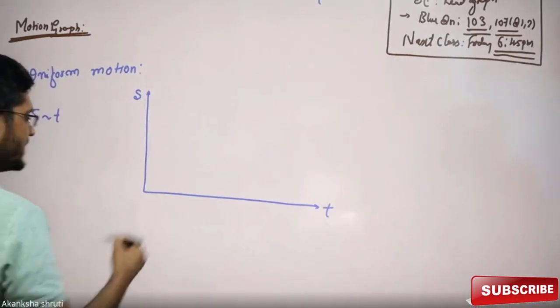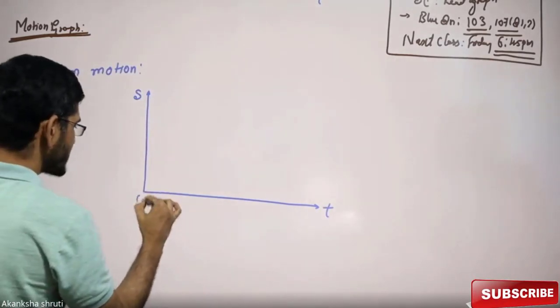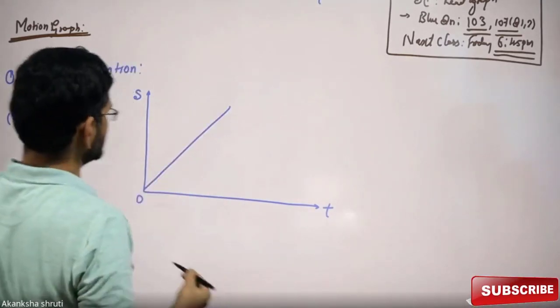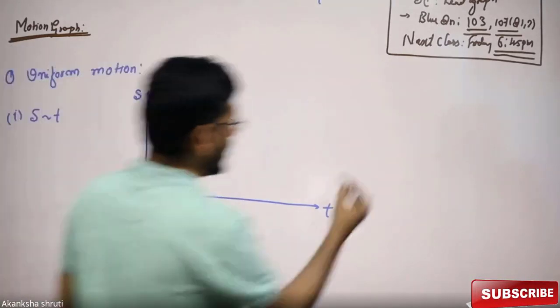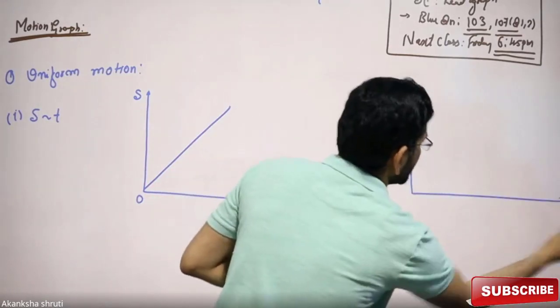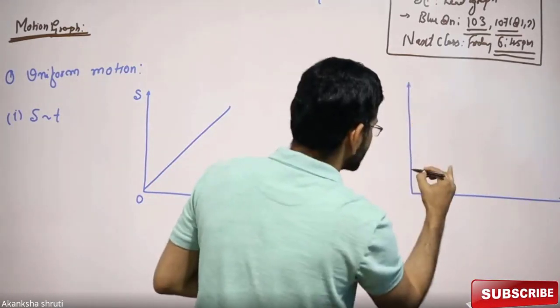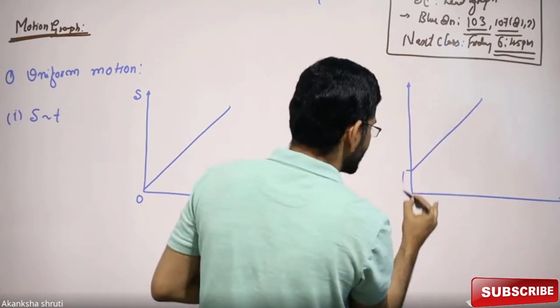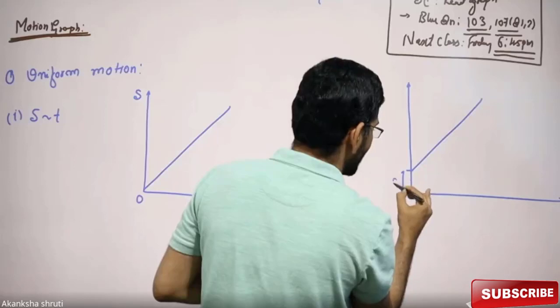So students, the graph may start from the origin and it will be a straight line inclined like this, or this may be starting at a certain distance. So this is the initial distance. Let us consider this initial distance as x.